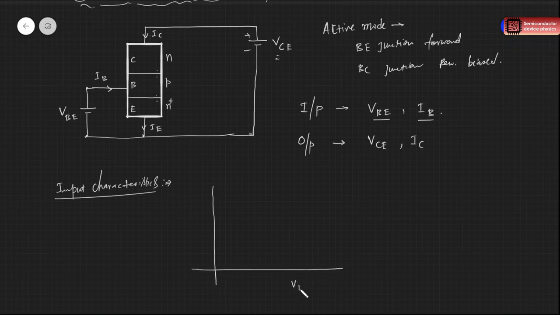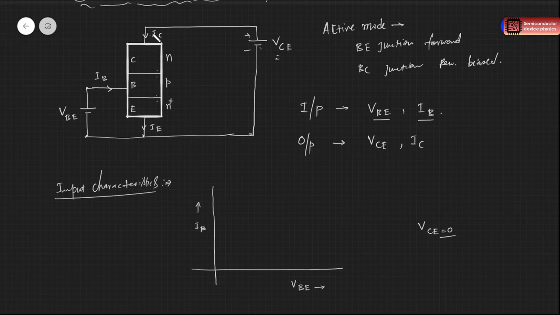Here we have VBE and the input current IB. Now we are changing VC, right? To start with, let's put VC equal to 0, which means this voltage is 0.